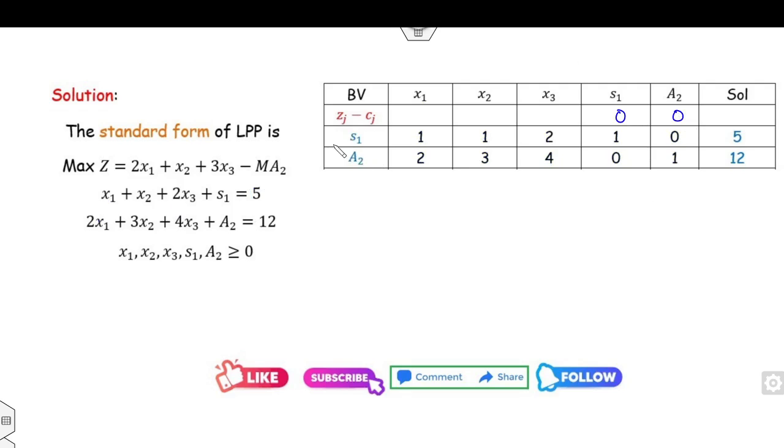Now, how can you find this number? What is s1 in the objective function? 0. a2 is minus M. Substitute here, it is 2. The values of Cj, that is the objective function, are 2, 3, 0, minus M. Now, can you find this number? 0 minus 2M minus the upper value. So that number is minus 2M minus 2.